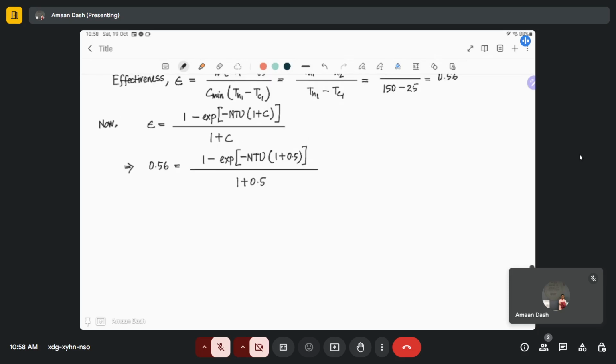So you need to simplify this. This implies we will be getting exponential of minus 1.5 times NTU, and this will be equal to 0.16. So if you do this, we will be getting NTU equal to 1.221.